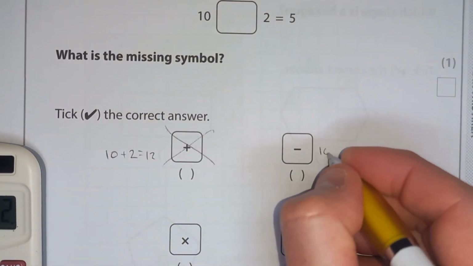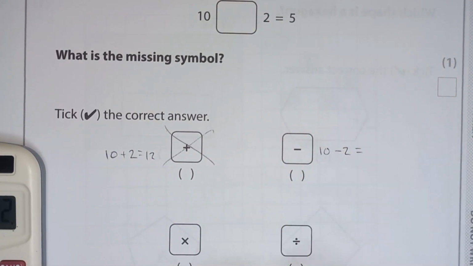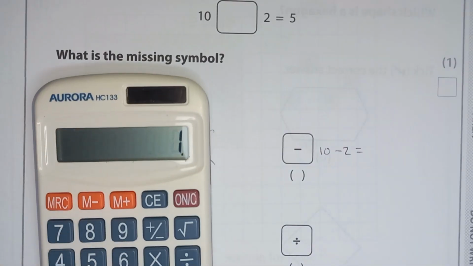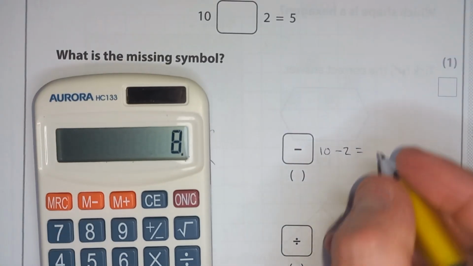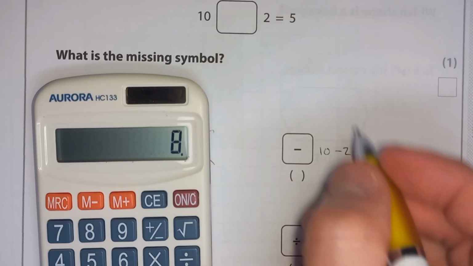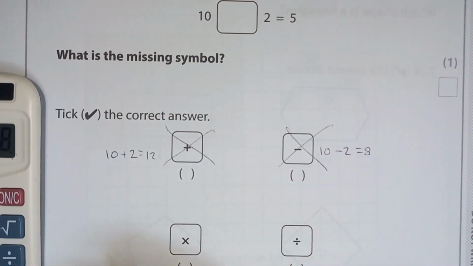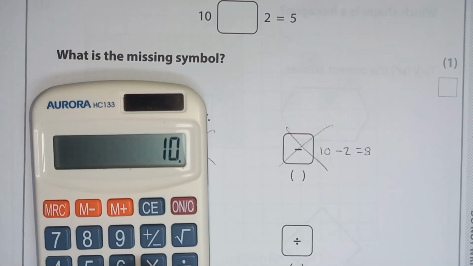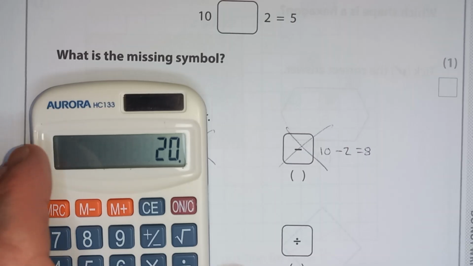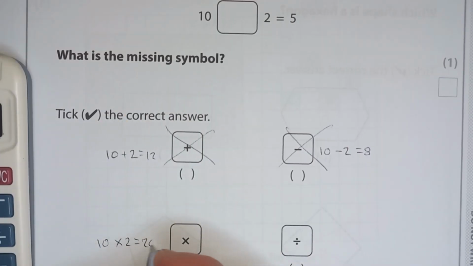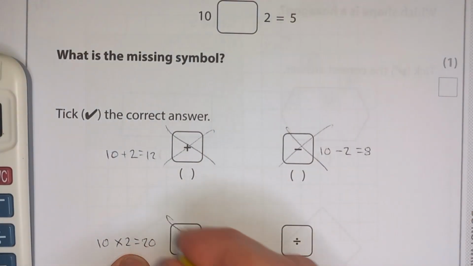So if we did the minus, it'd be 10 minus 2. That gives us 8. Well, that's not equal to 5, so it's not that one either. Try times. What about 10 times 2? That's 20. That's not equal to 5.